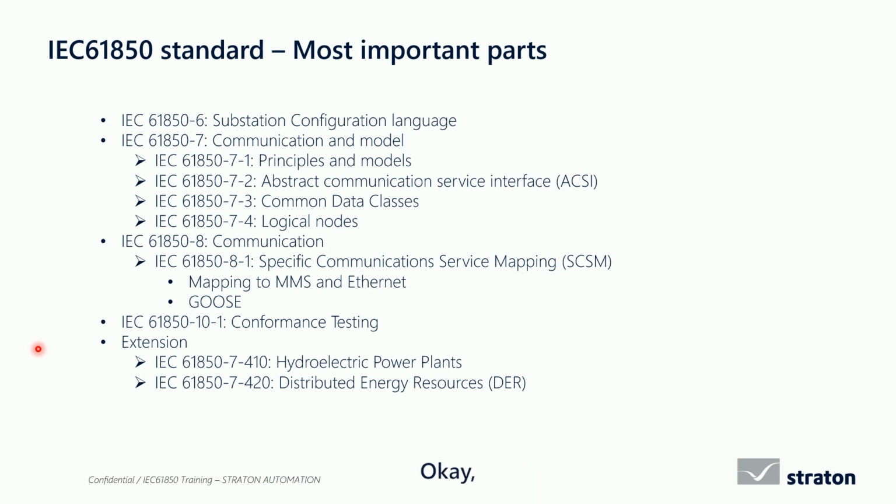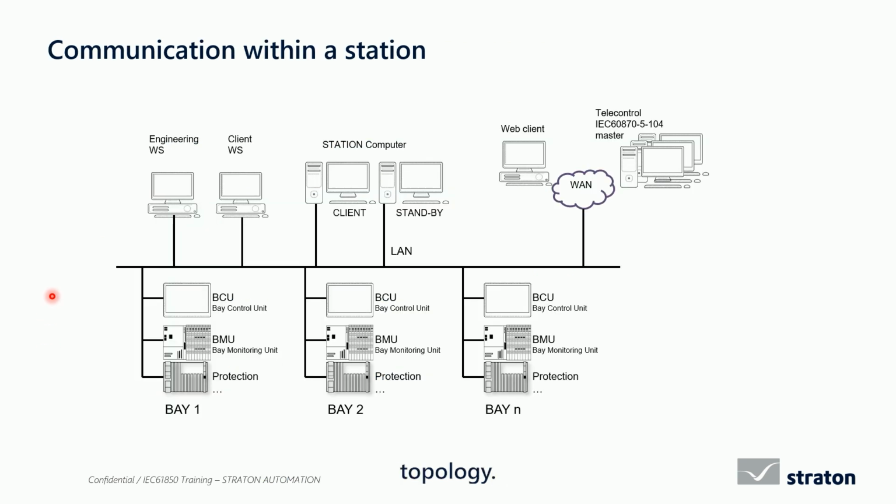Okay, that's a lot of information and a lot of text. So, let's go for a more graphical view of a typical 850 topology. We can see different devices: 850 servers at the bottom with different systems.